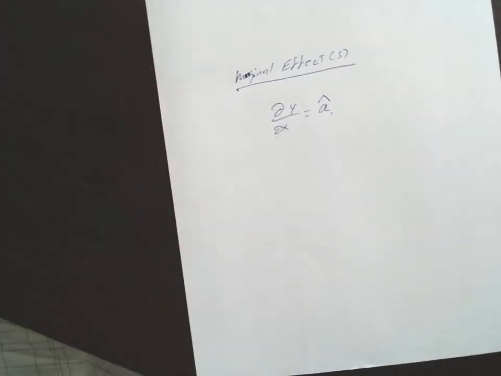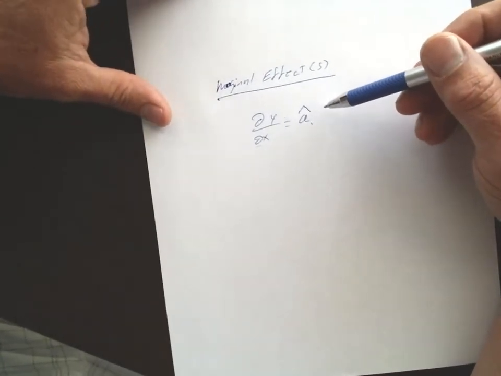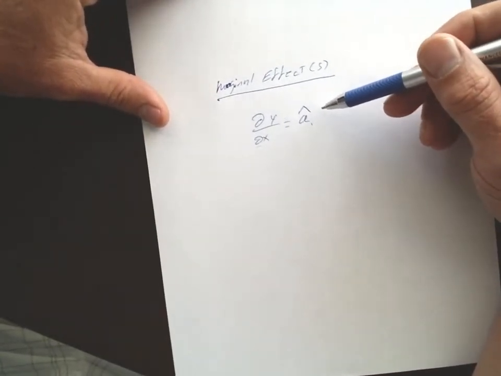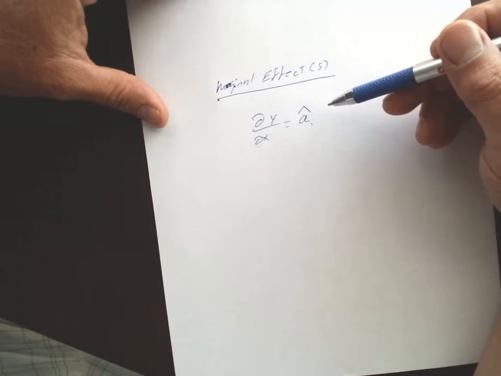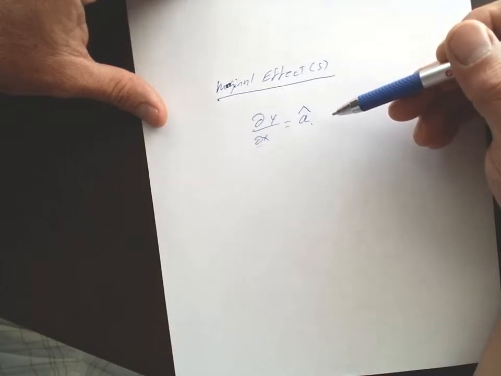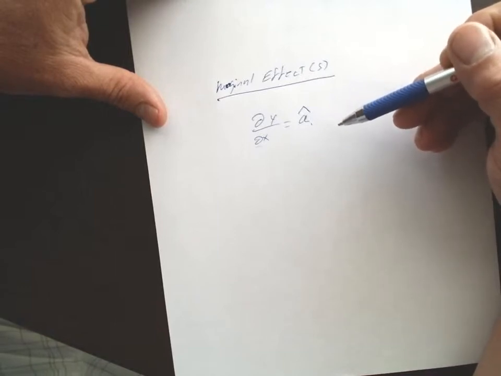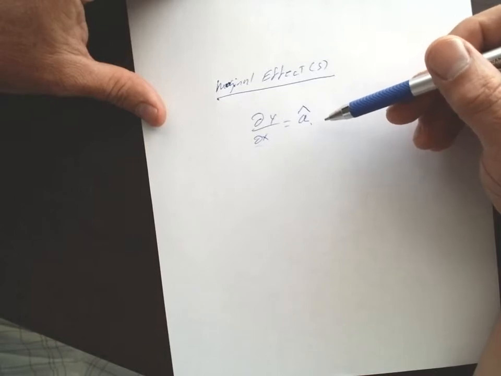In economics, the vast majority of the time, all we're really interested in is a1 hat. Okay, we economists perform marginal analysis. That's what we do. Remember back in introductory microeconomics, we were talking about marginal benefit and marginal cost and marginal product and marginal revenue.